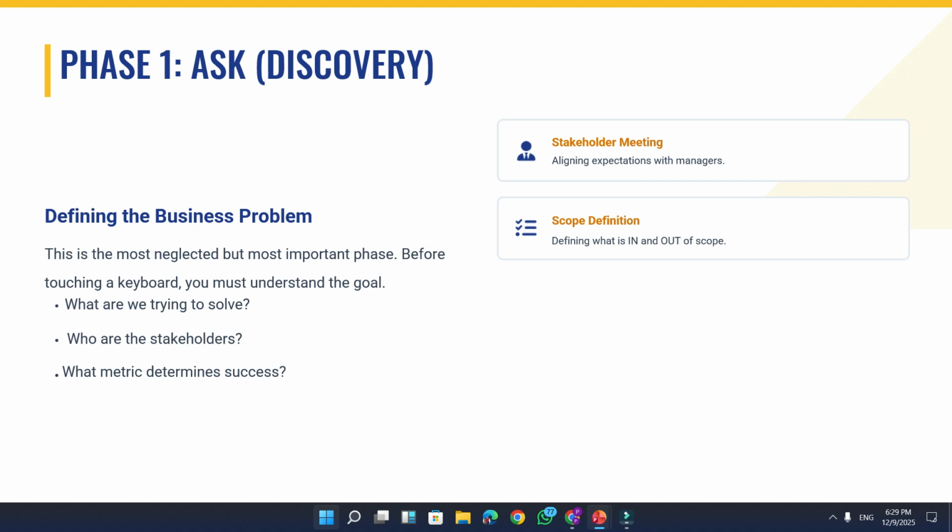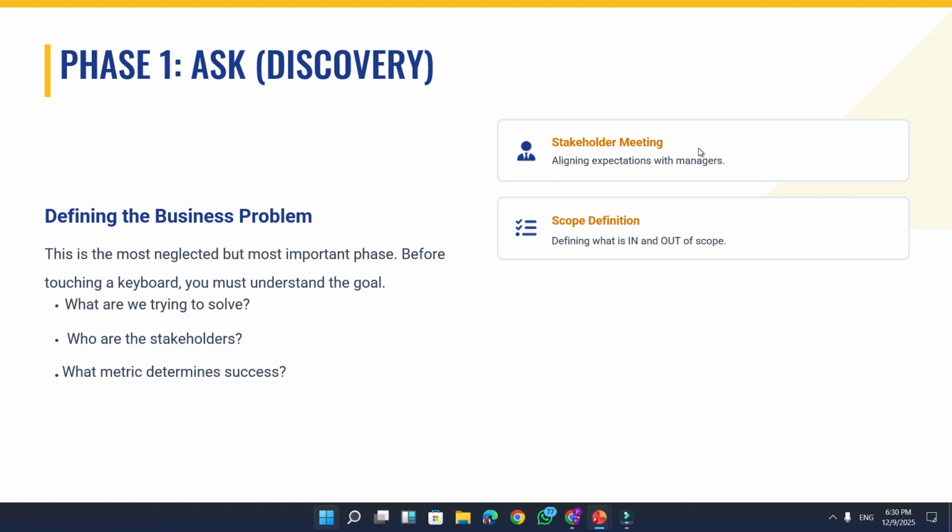For example, a company can say, in summer we don't have too many customers, but you as a data analyst at this first stage, you will need to convert that sentence, in summer we don't have too many customers, into a question, and to find the why, and to know who will be involved in the project.